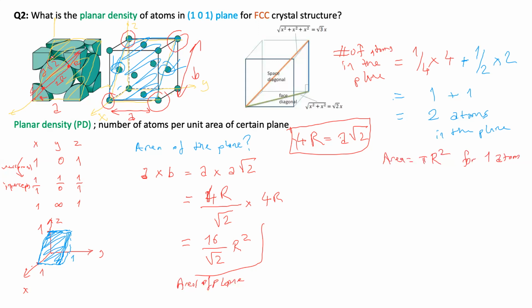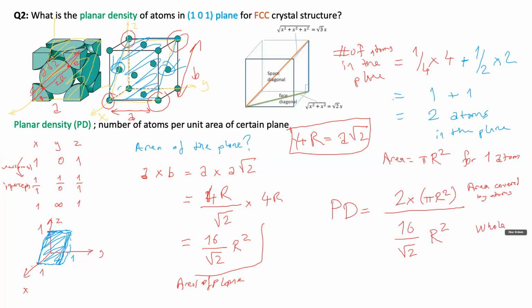And since we have 2 atoms, it will be multiplied by 2. So we can write a planar density, a unitless planar density this time. The area covered by atoms over the whole area, which is 16 over square root of 2 times R squared. The whole area of the plane.